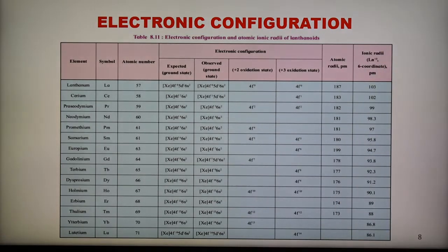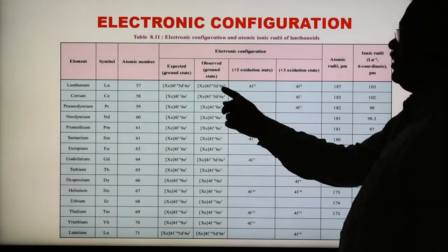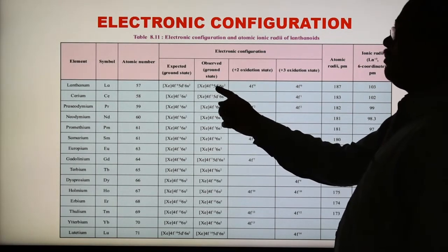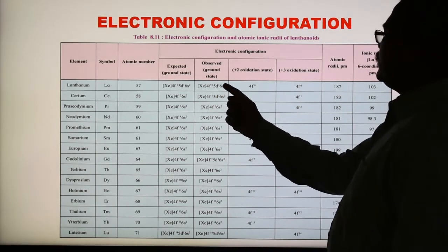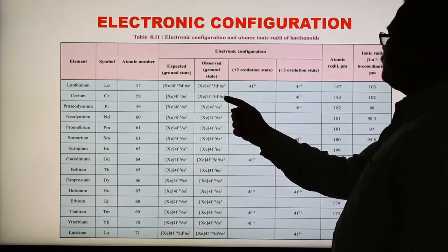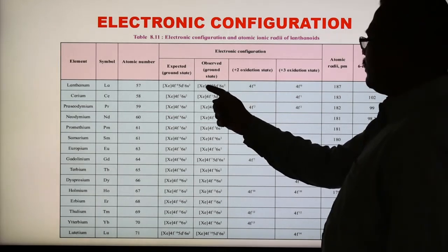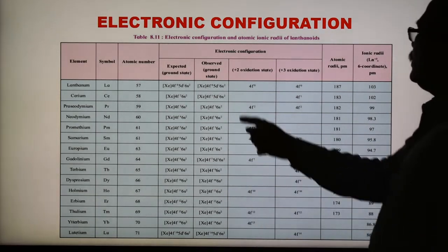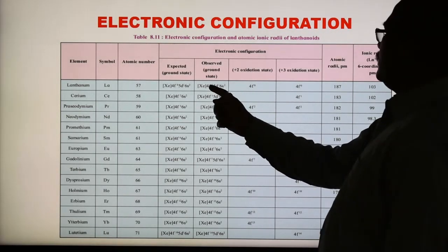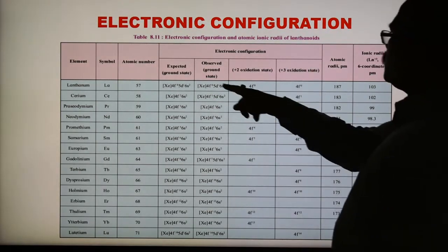Outer shell 6 is n, penultimate is n minus 1, and antepenultimate is n minus 2. So here 6, 5, 4. So the last electron goes to the 4f.